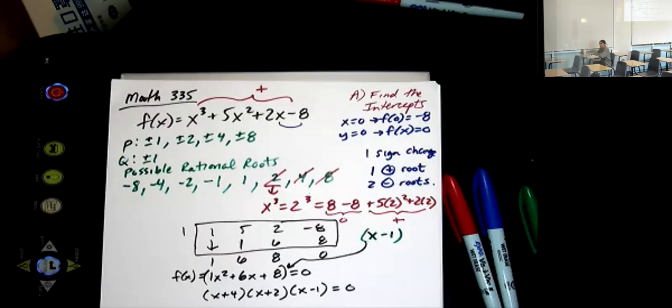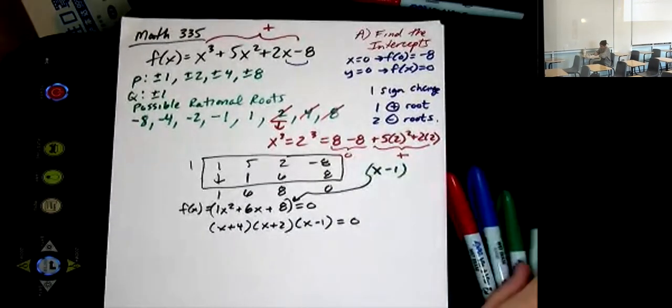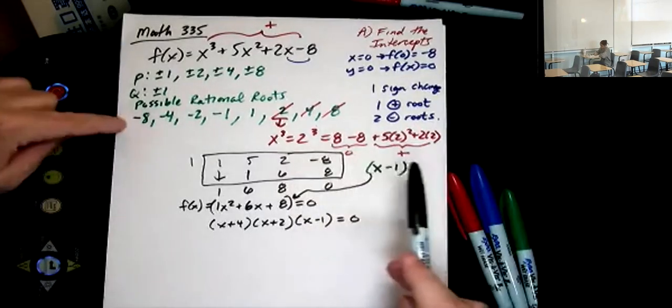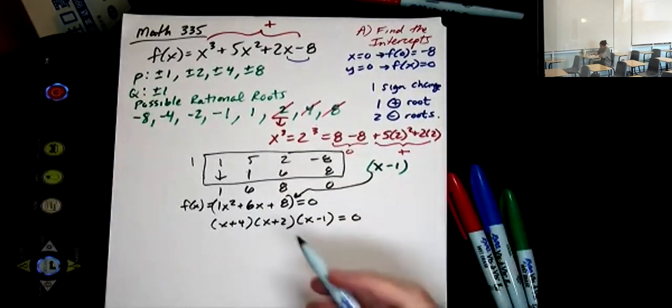I'd have to test them all, but it was only negative 8. That's probably not going to be the case in the next problem, and so we'll try something different. But anything we can do to make our choices easier here, we want to take advantage of. Because we want to test as little as possible.